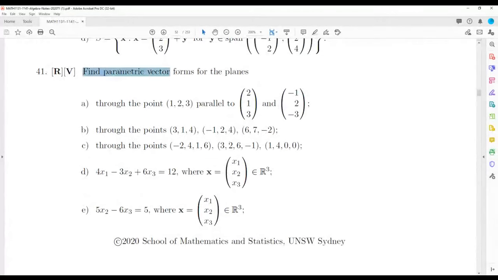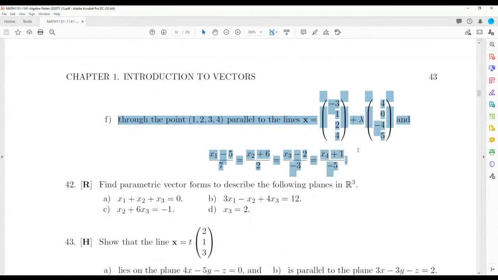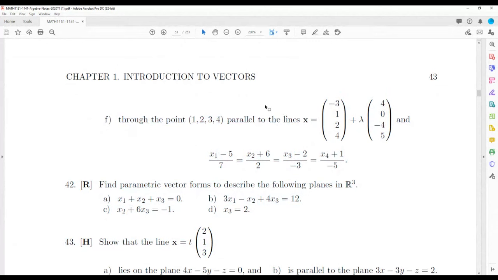Here we are asked to find the PVF, parametric vector forms, for the following planes. So through the point 1, 2, 3, 4, parallel to the lines here and here.